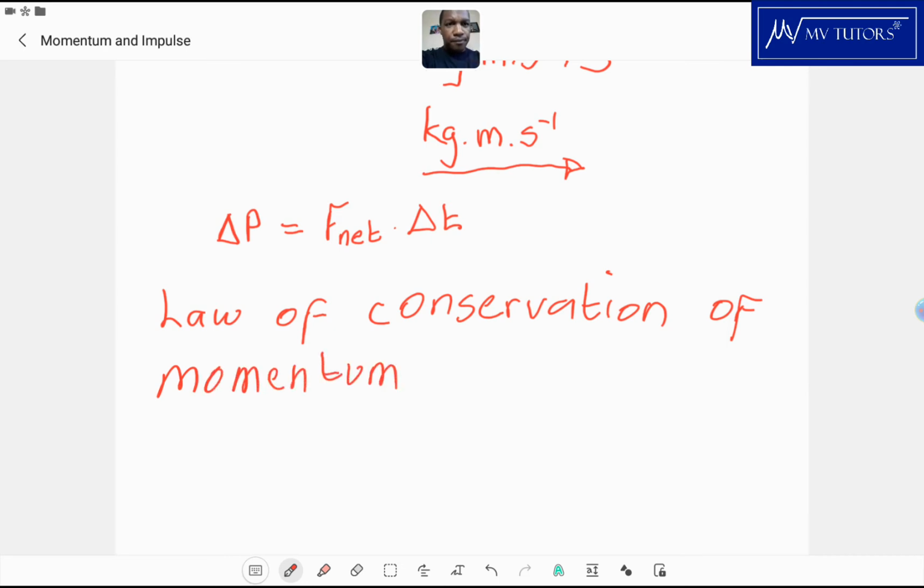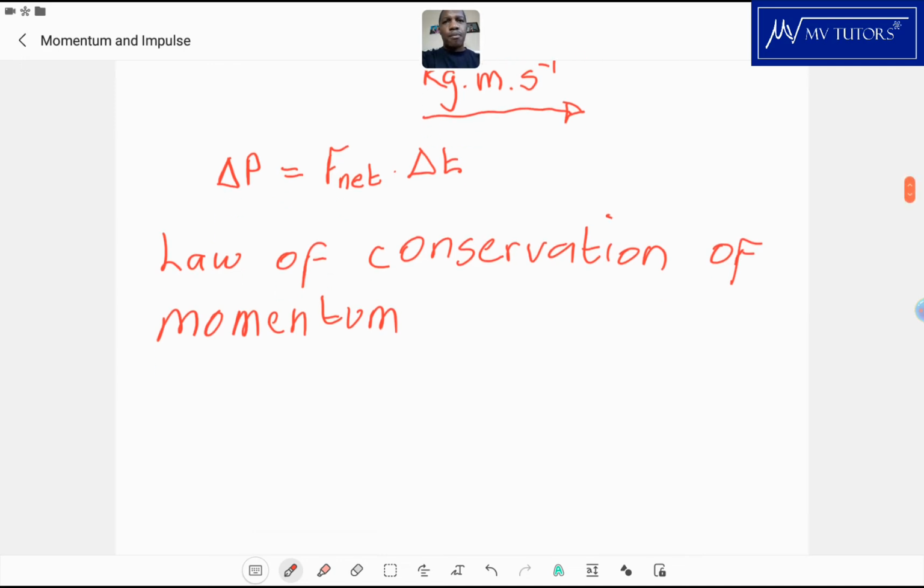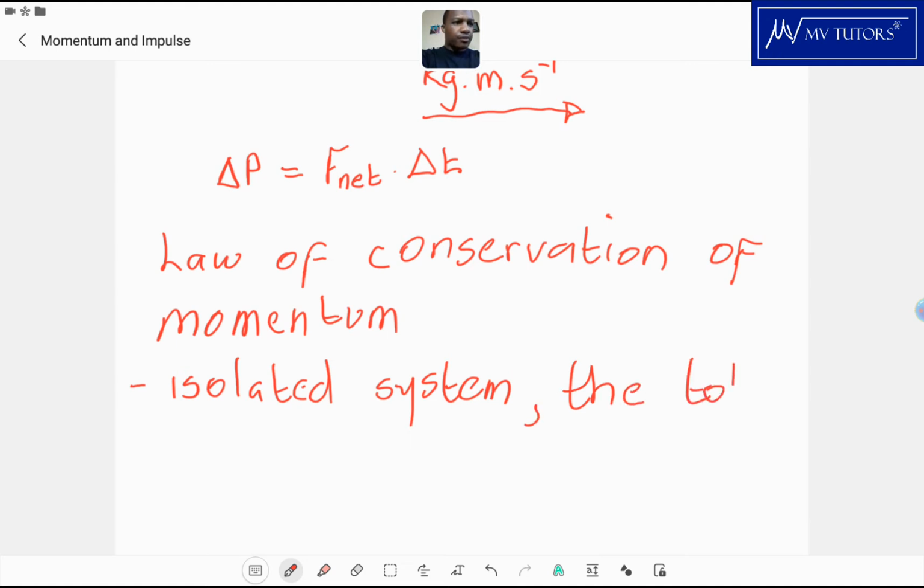What this law basically says is that in an isolated system, the system has to be isolated, the total linear momentum is conserved.